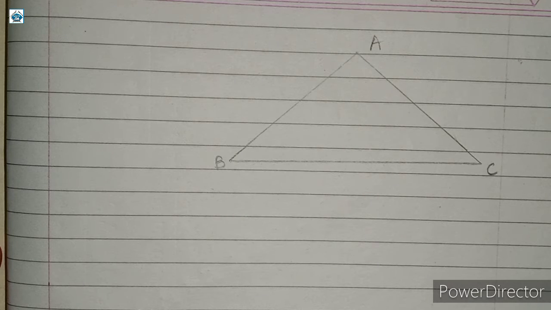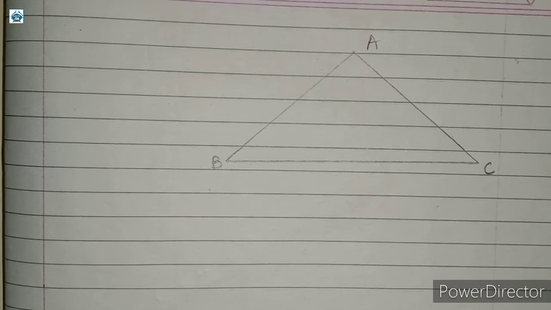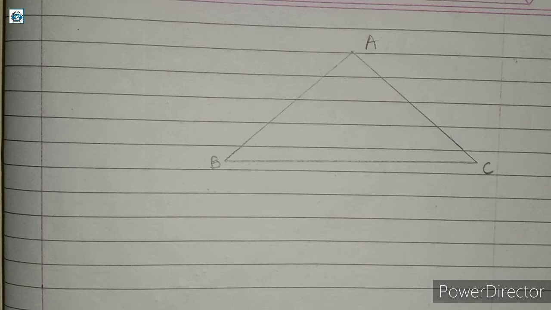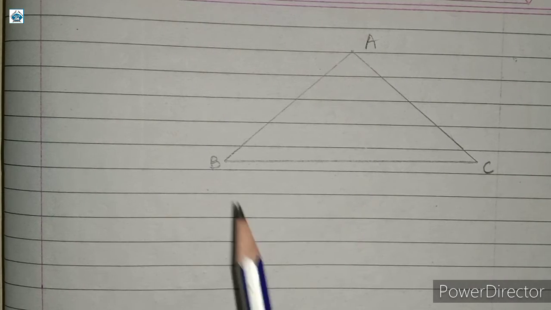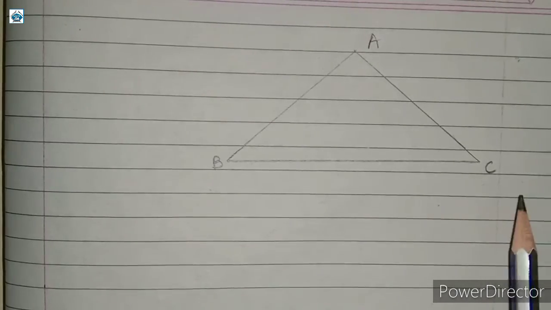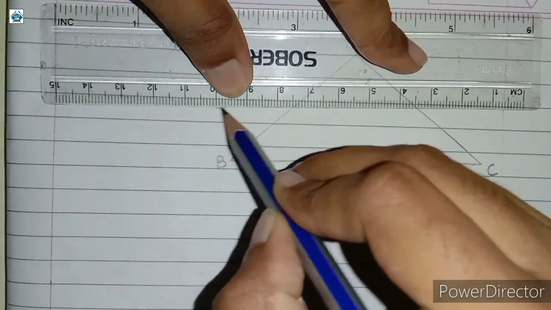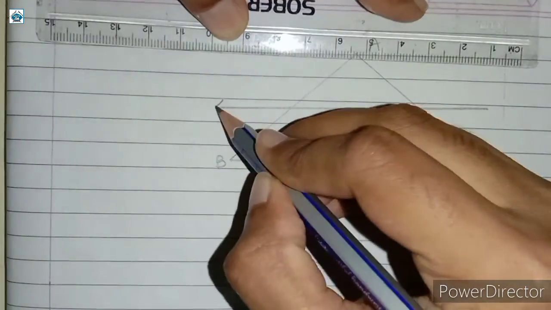Here, consider a triangle ABC. Now, according to the theorem, we are told if a line is drawn parallel to one side of a triangle. So, consider side BC, and I am drawing a rough figure over here. So, let this line be drawn parallel to BC.